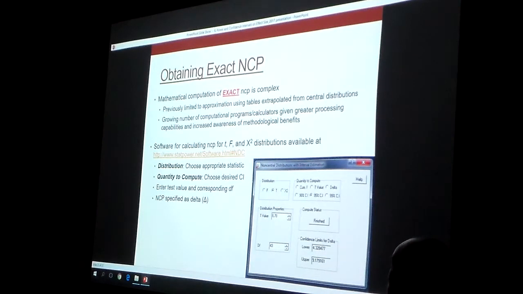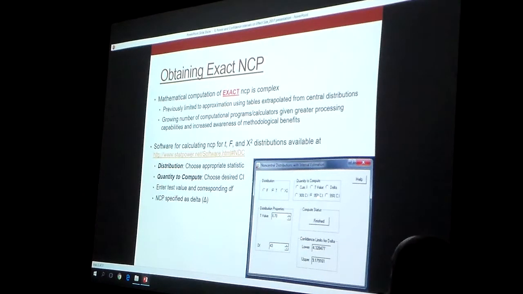With this tool, because our non-centrality parameter is determined by our test statistic, if we want to calculate a confidence interval around a mean-based comparison, all we have to do is tell it that we're running a t statistic.